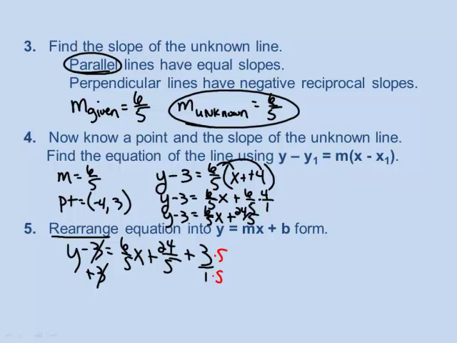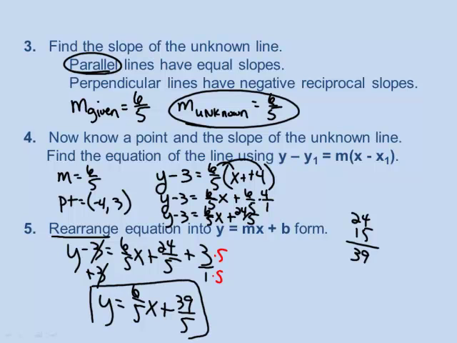So we're going to build up that second fraction. So 24 plus 15 gives us y equals 6/5 x plus 24 plus 15 gives us 39 in our numerator. So we've got 39/5 for our final answer in slope-intercept form.